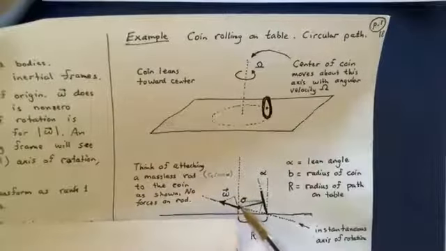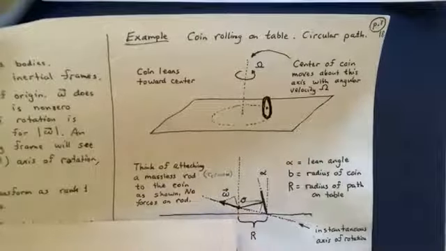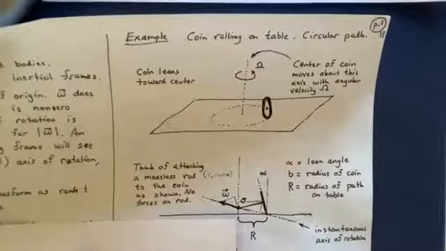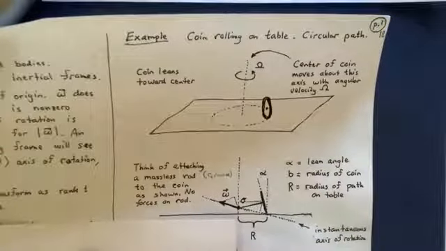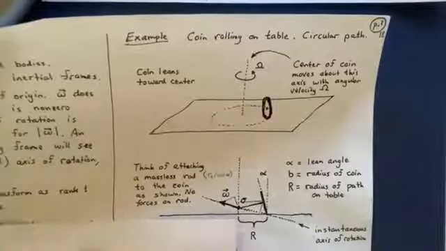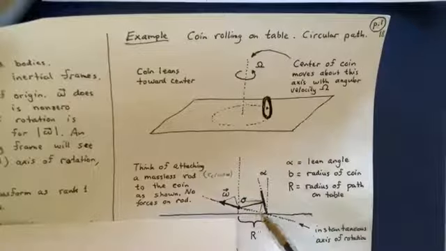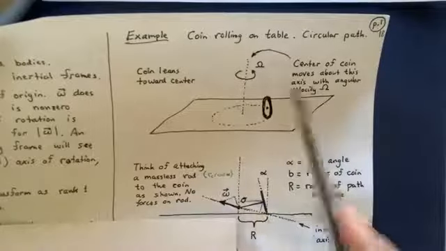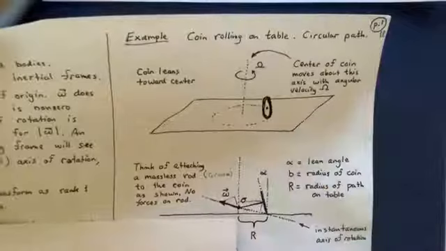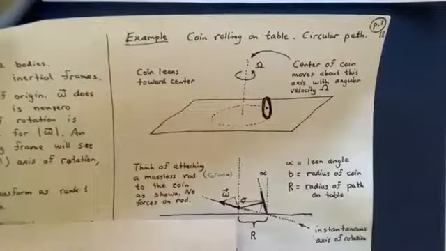So the lowercase omega vector, which is crucial for our formulation of the problem, was in those equations that we wrote down. That's the instantaneous angular velocity. And we know for this problem that it precesses, right? Capital omega is an angular velocity. It's not the angular velocity of the body.